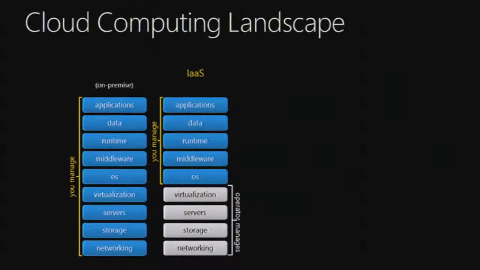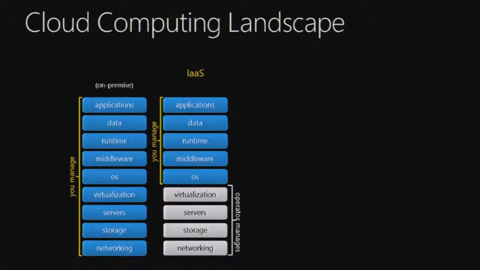What I like is the idea of getting rid of some of the responsibility. And that's what the IaaS public cloud does, the infrastructure as a service. What it's saying is, we will give you an infrastructure on which you can run your infrastructure. So the operator of the cloud, in this case Microsoft, operates the virtualization, the servers, the storage, and the networking.